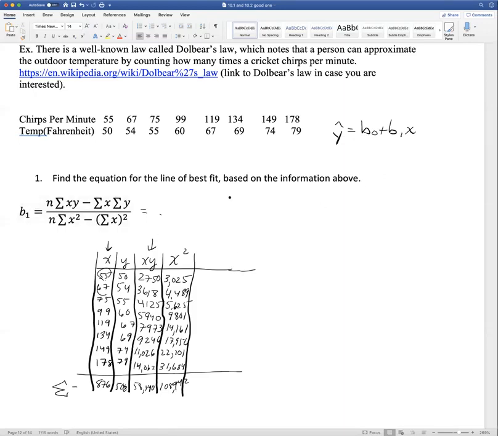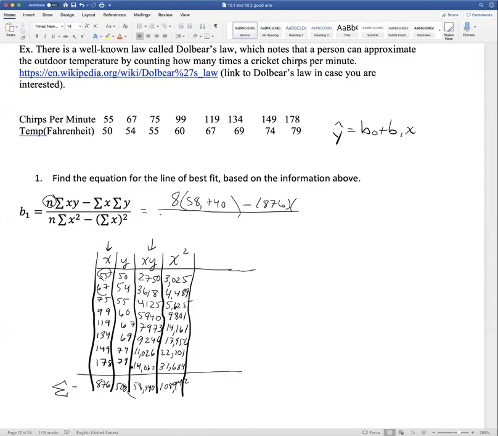Okay, so we have what we need for us to figure out what B1 is, or for us to figure out what the slope of this line is. I'm going to plug in these values. And so n, remember n represents the number of ordered pairs, and we have 1, 2, 3, 4, 5, 6, 7, 8, so n is 8. Times sum xy, well, 58,740. Minus sum x, which is 876.